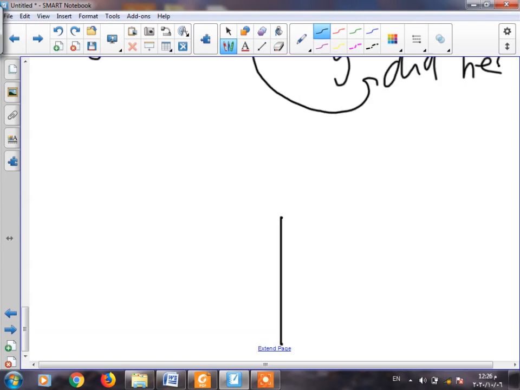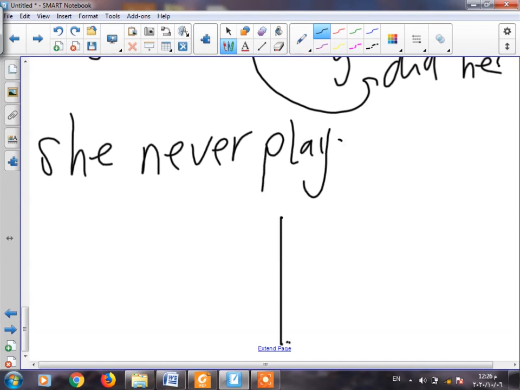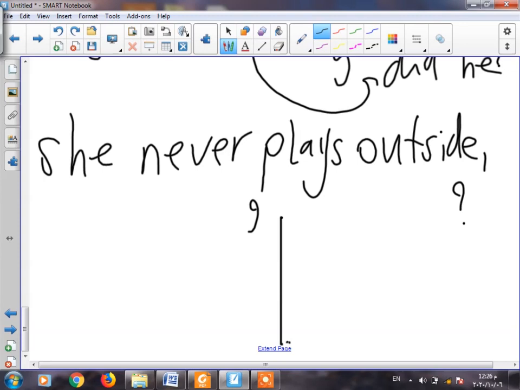Middle two, sorry, I have a very important thing I would like to tell you about. For example, when I say that she never plays outside, let's write a question tag here. I ask you the first question, which is, what about our tense here? You will say that plays is a verb and it's in the present form. So I have to write here, I will write does or doesn't.